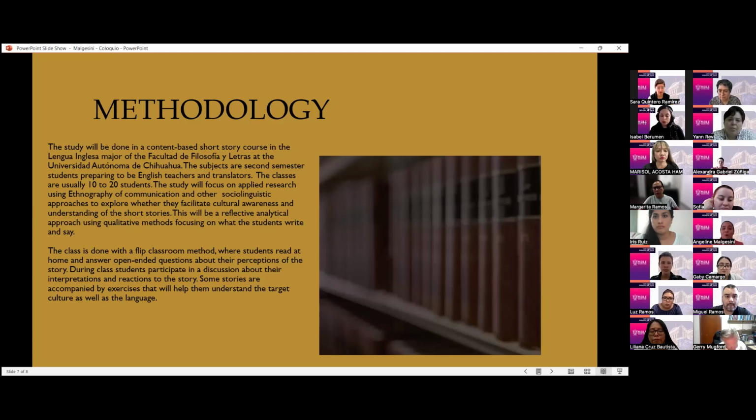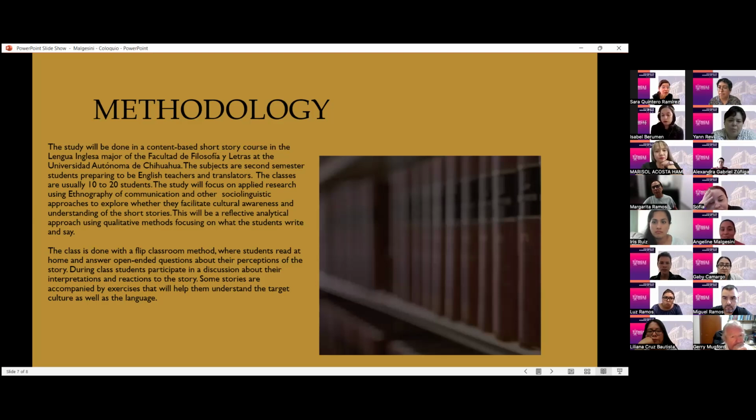I always do open-ended questions at the beginning, and they have to read at home. And then in class, we just do the discussion. But with these exercises, that will be part of my methodology. And I was thinking that I also might need to record them, but I'm not sure yet. I'm still kind of deciding what I want to do with my methodology.